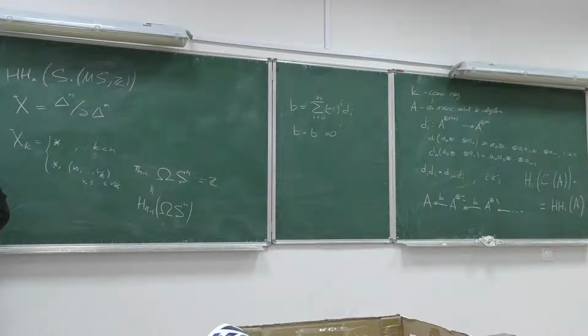You just choose a representative element for this homology class that will define a map of algebras, and then you will get the quasi-isomorphism. Then what? Then we have to compute Hochschild homology of the polynomial algebra, which is not hard.